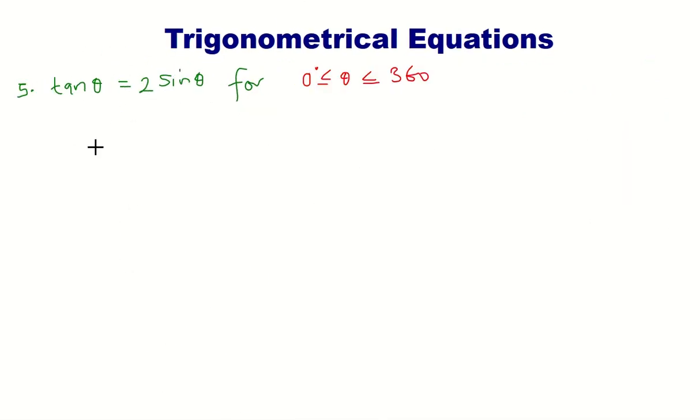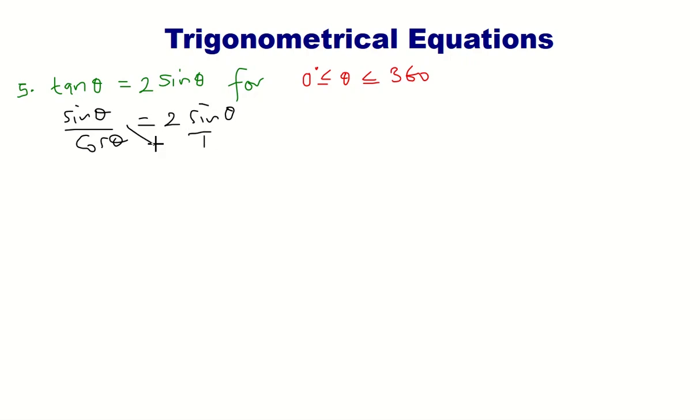Okay, number 5, we have tan theta equals 2 sine theta. The best step here would be converting this, we want to create a solvable equation. So the best thing I will do is to convert this tan into sine over cos, which is equal to 2 sine theta.